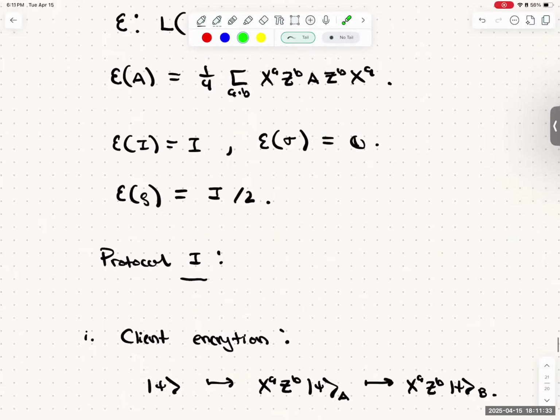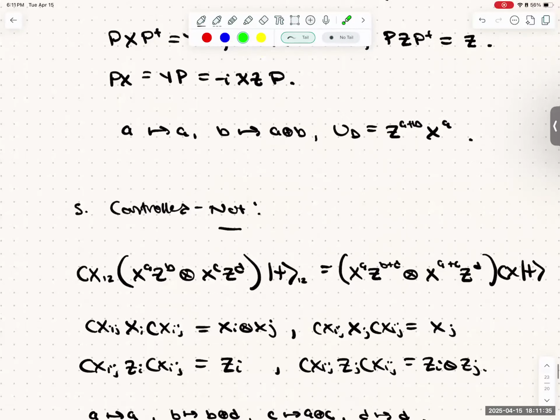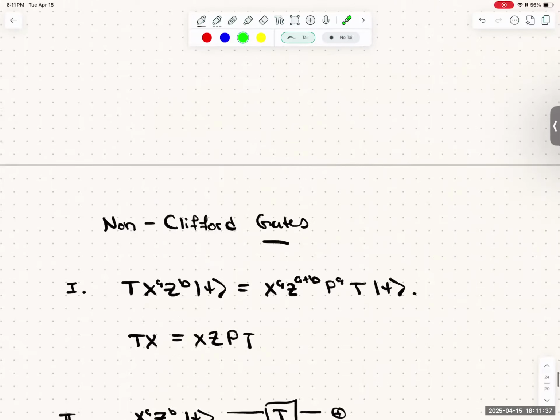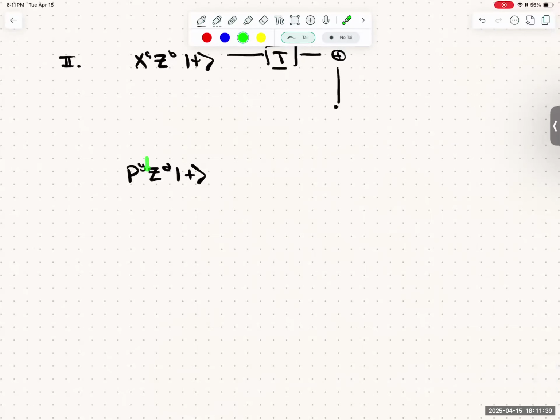So that's essentially what you're doing when you write down this form right here. This either flips it or it rotates it. So the Z will flip plus to minus, minus to plus, and then the P^y will move it from an X eigenstate to a Y eigenstate. So this is also allowed for us.